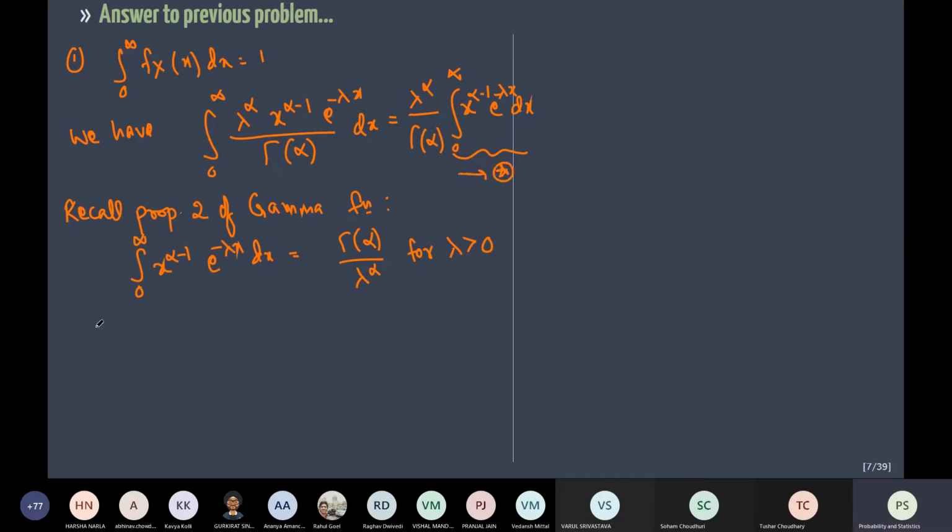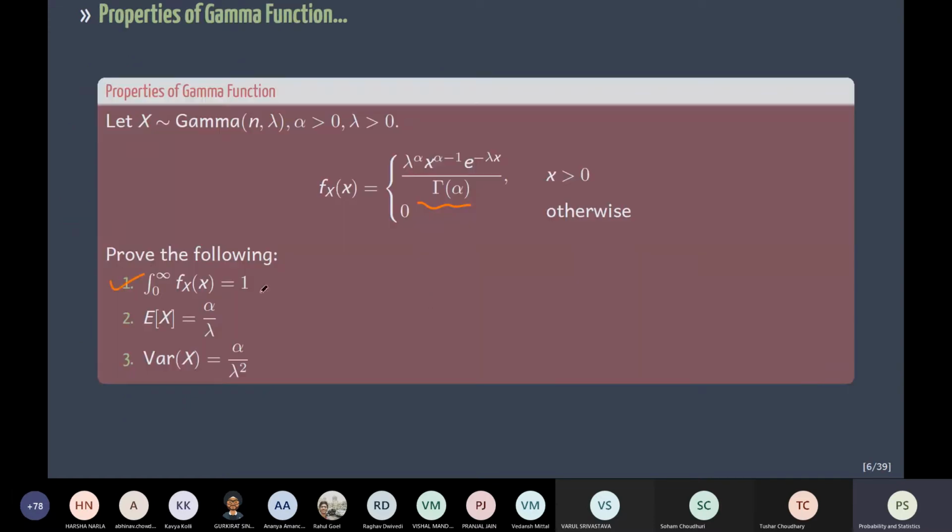Let us call this star. Continuing from star, we have lambda to the alpha divided by gamma alpha, times gamma alpha divided by lambda to the alpha. They get cancelled, and we get 1. This is what we were supposed to prove, and so this is done.